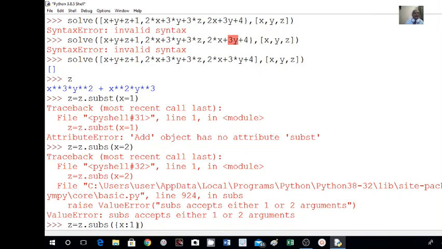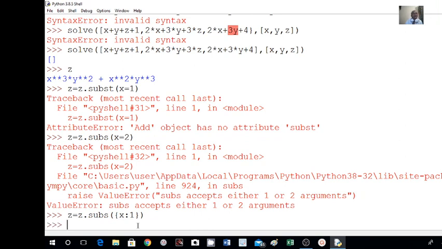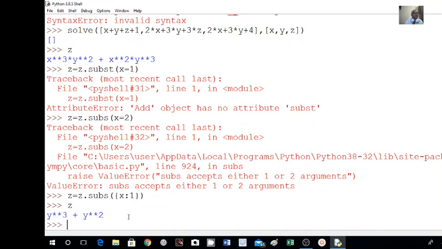Let me try. Yeah, like this we have to give. Not SUBST. SUBST is, I think, in Maxima. Here we have SUBS and we have to write within the bracket a flower bracket, x colon 1. Now let me see what my z is. Yeah, x is substituted here.